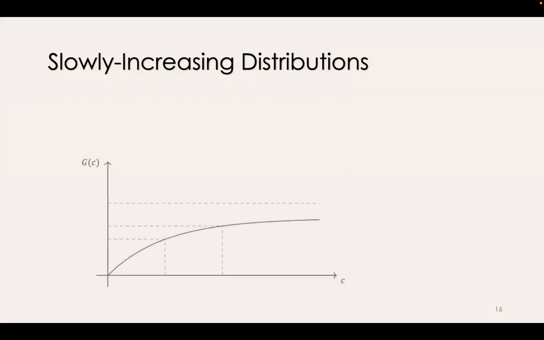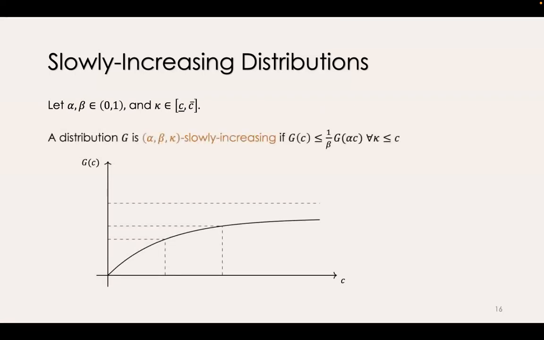So as already mentioned, the slowly increasing condition captures the rate of increase of a cumulative distribution function, G. For alpha and beta in 0 to 1 and some type kappa, a distribution is (alpha, beta, kappa) slowly increasing if when the cost increases by a factor of 1 over alpha, from alpha c to c, then the cumulative distribution function increases by at most a factor of 1 over beta.